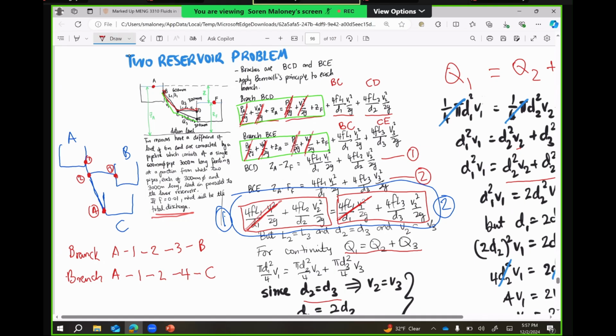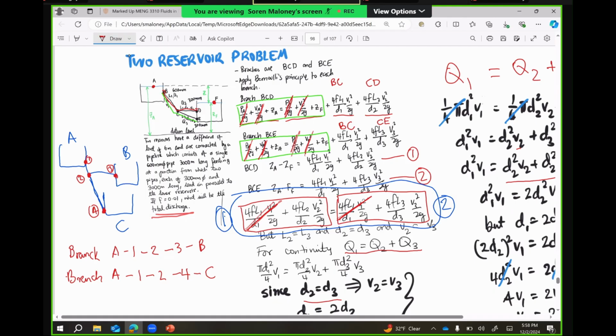Are these two branches parallel? No, they're not. Why? Because they go to two different reservoirs.